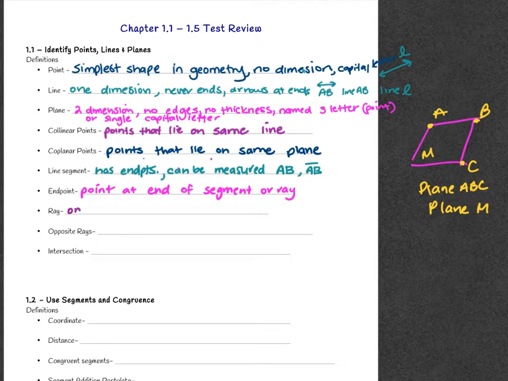Good. One endpoint, one arrow. This time the order of your letters matters, right? I can't call this ray BA. That's ray AB. If I drew that, then it would have an endpoint at the A, and it would have the arrow in the direction of B. Can you measure a ray? No.